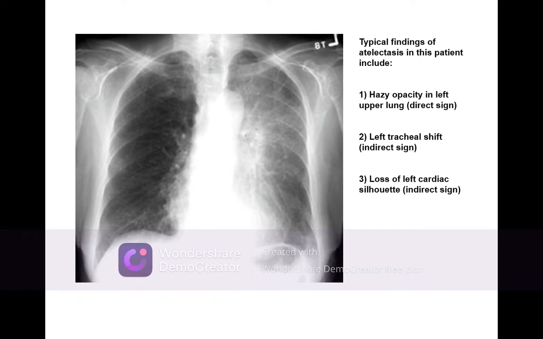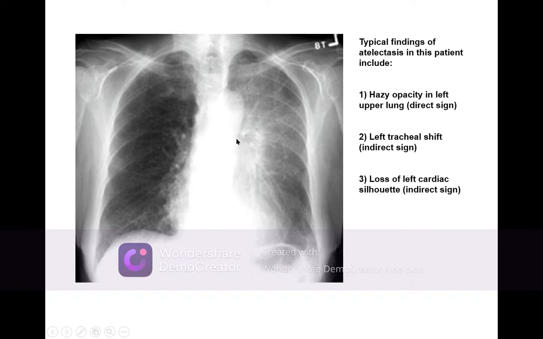Now, look at this hazy opacity in the left upper lung. And the trachea is shifted to the same side. That is an indirect sign; the opacity is the direct sign. Also there is loss of the left cardiac silhouette. The silhouette sign means an obscured margin of the mediastinum. It is called the silhouette sign.